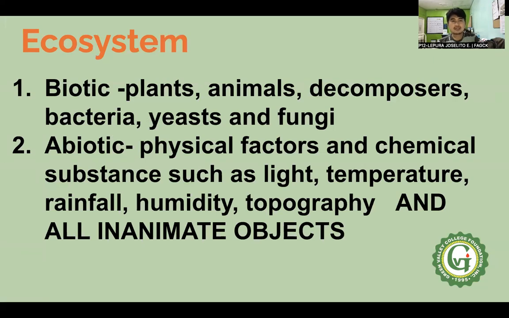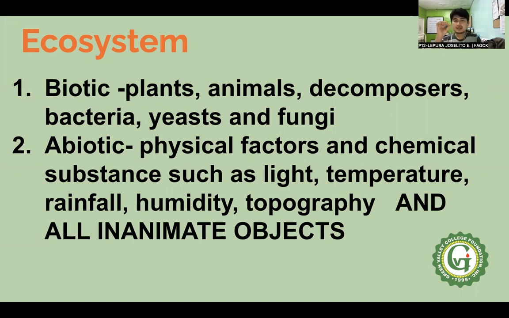An ecosystem is composed of biotic and abiotic. When we say biotic, bio means life. Abio means no life. Everything that breathes, multiplies, and reproduces is considered to be biotic.